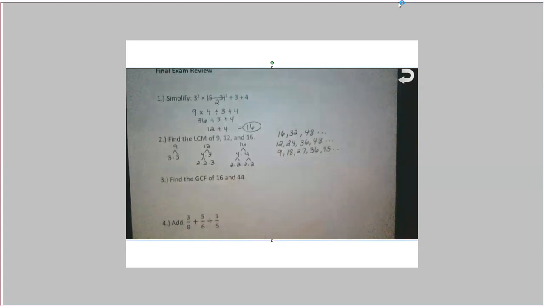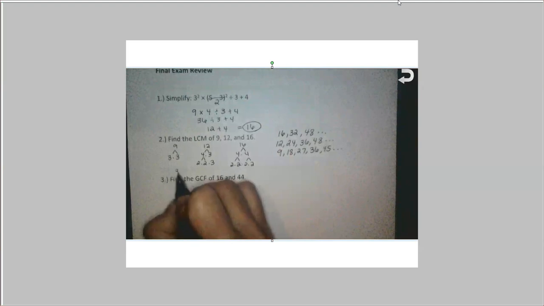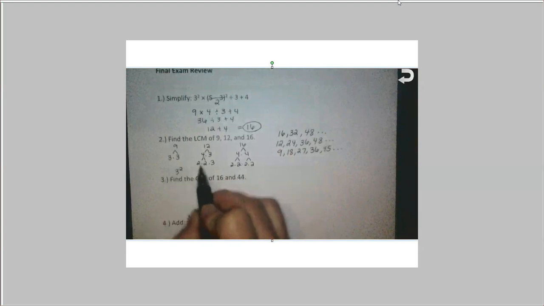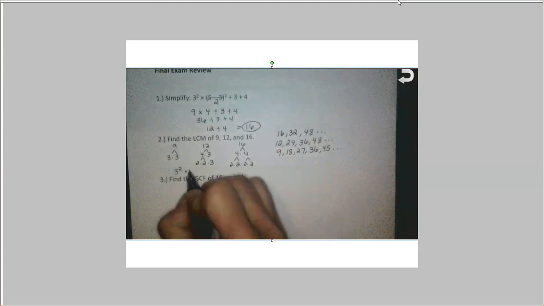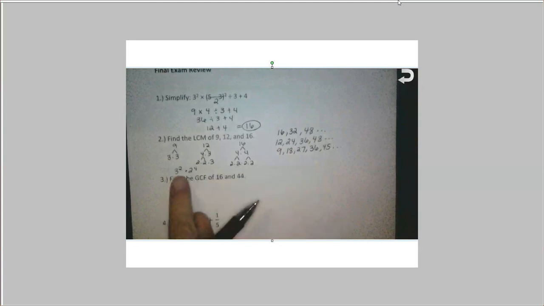So if you use the prime factorization method, you need the greatest amount of each number. So like here I have 2 3s and 1 3. So I'm going to take that group of 2. Here I have 2 2s and 4 2s. So I'm going to take that group of 4 2s. All right, and so whatever this simplifies to be, that will be my least common multiple.